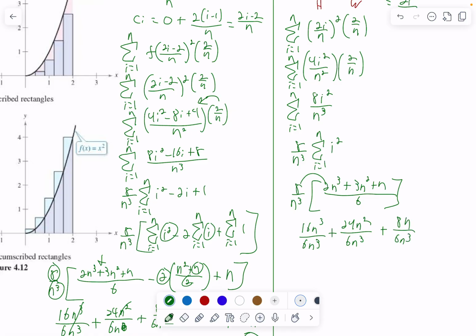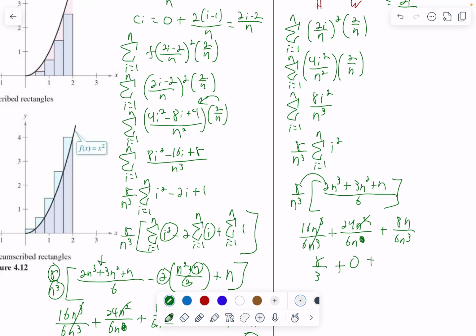Well, look what happens here. Those n cubes cancel. 16 over 6 reduces to 8/3. Here, n squareds cancel. I'm left with just n. 24 over 6n. That n grows arbitrarily large, so that approaches 0.